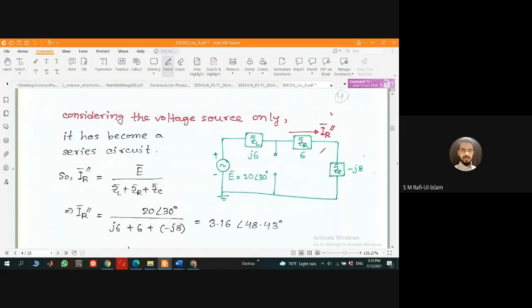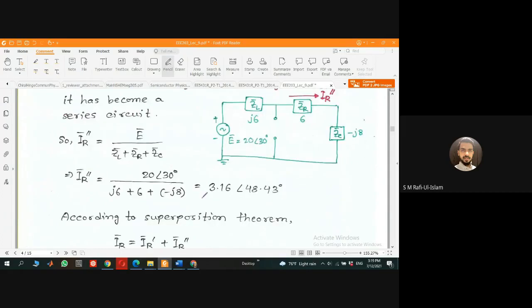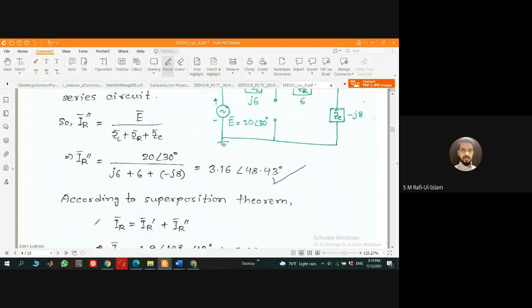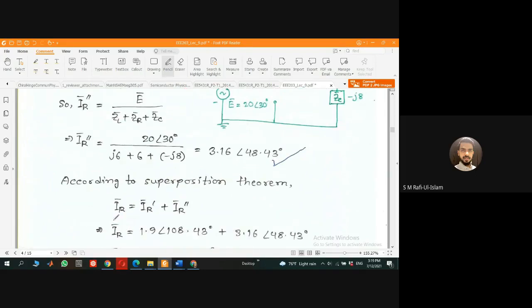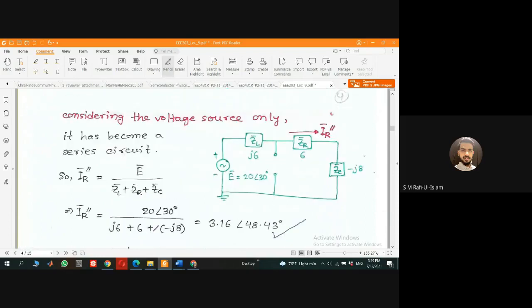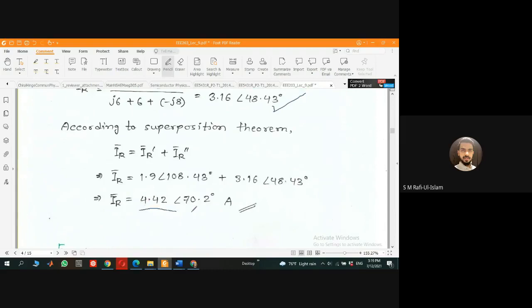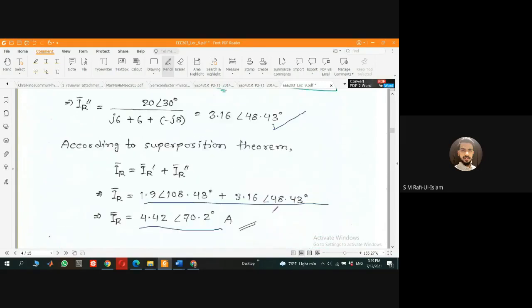It is a series circuit, so we can easily calculate this current. According to the superposition theorem, the responses coming from the current source and the voltage source we just add up. Whatever result we get, that would be the answer.